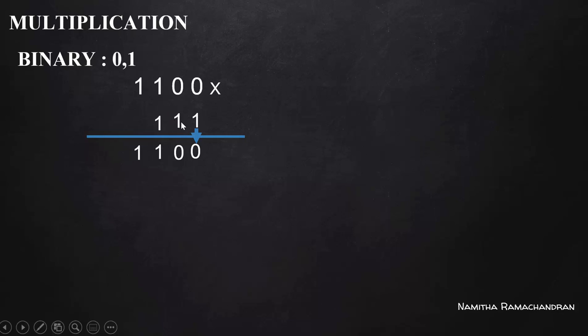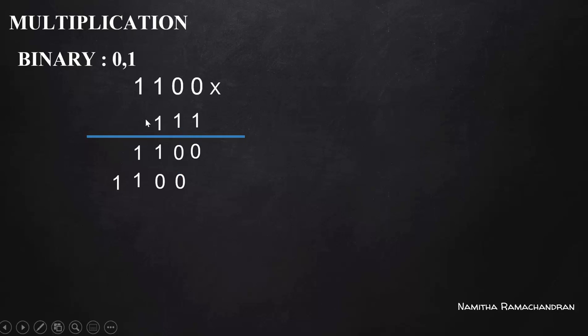Next we multiply this number using the next bit of our multiplier. Again it is 1. Multiplying a number by 1 means the number itself. So we write the partial product starting from this location and proceed towards left: the 0, the 0, 1 and 1.